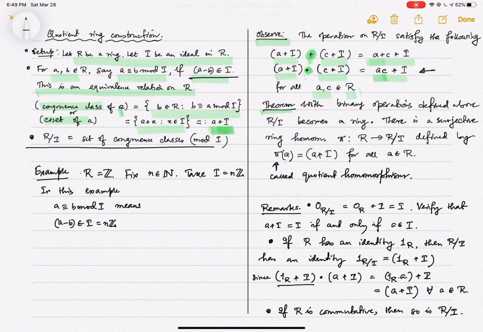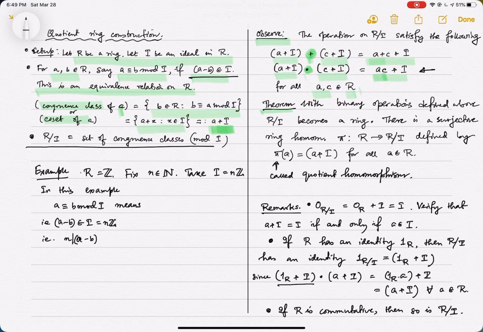That says that the difference of A and B is a multiple of n, meaning n divides A minus B. But if n divides A minus B, that's exactly when we write A is congruent to B mod n, if you recall. It just means that the difference is a multiple of n. So in this example, congruence mod I simply amounts to congruence mod n. So this congruence modulo the ideal is a generalization of this concept of congruence mod n.